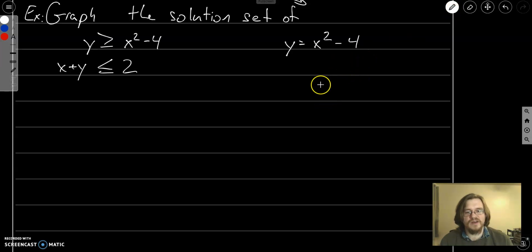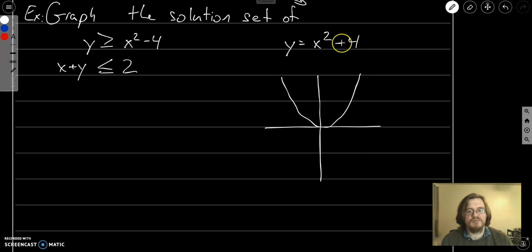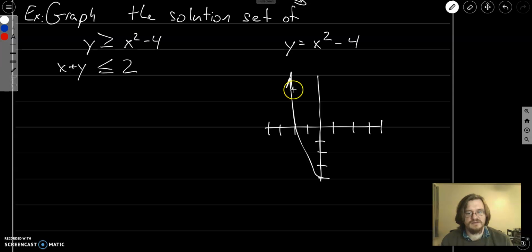And already, right away, we know what this looks like. y is equal to x squared is a parabola, and it looks something like this. But we're subtracting 4 from it, so we're shifting it down. So this should go roughly like this, and roughly like this. So we have our parabola here.